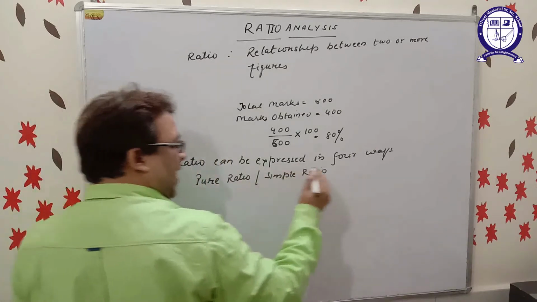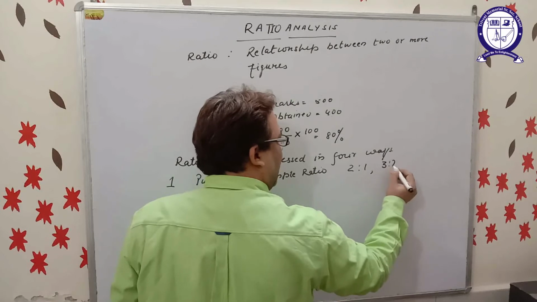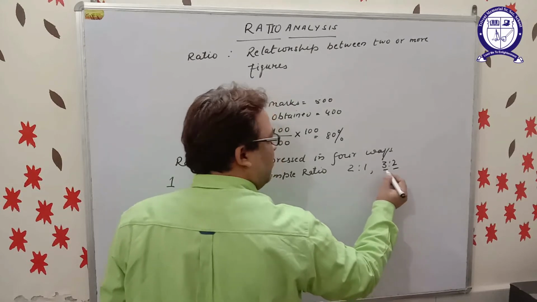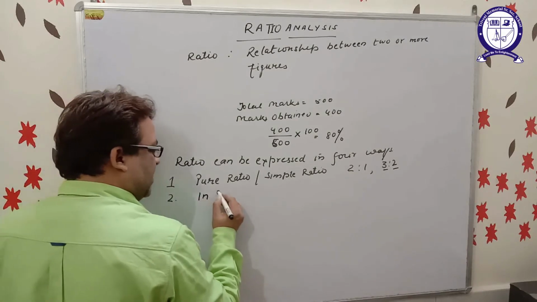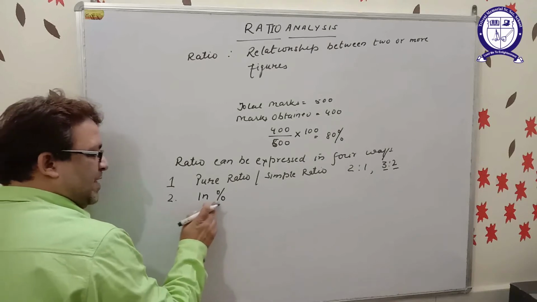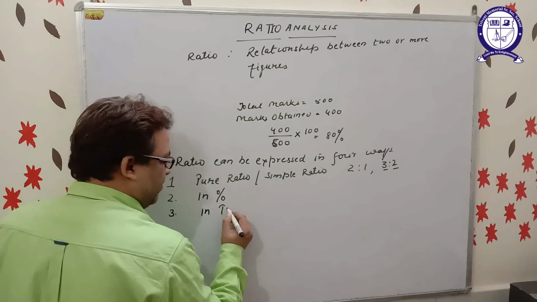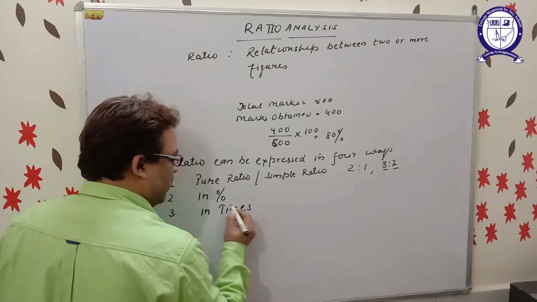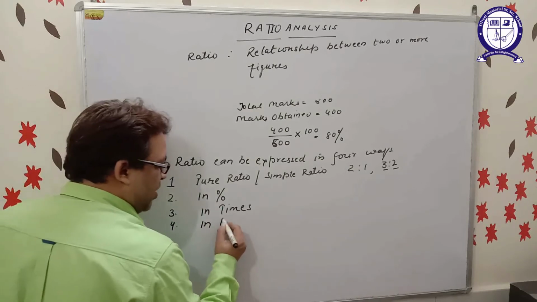This ratio is shown as 2:1, 3:2, as you have already studied in partnership. Second, in percentage. We can show the ratio in percentage also. Third, in times. Fourth, in fraction.